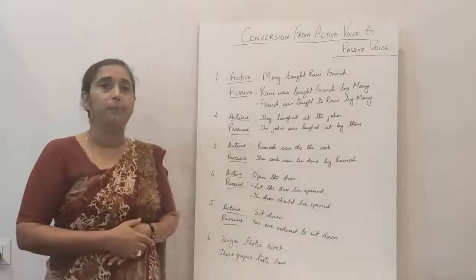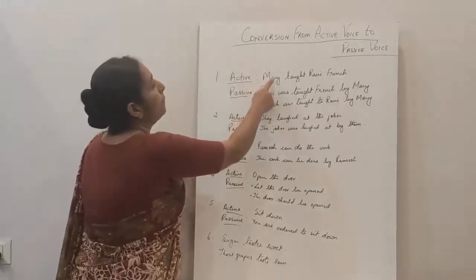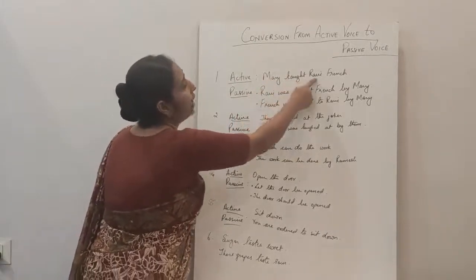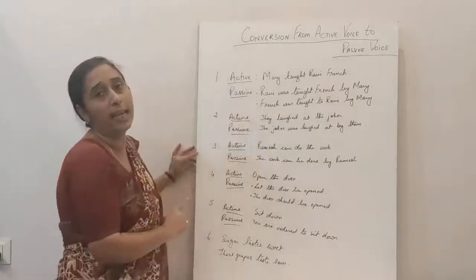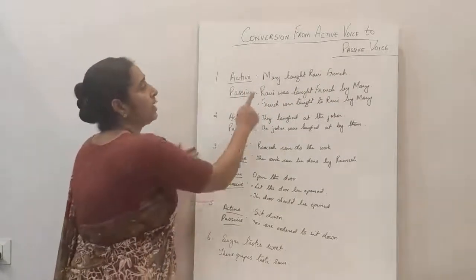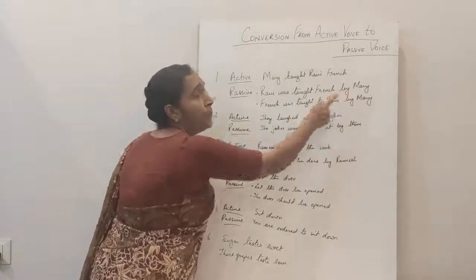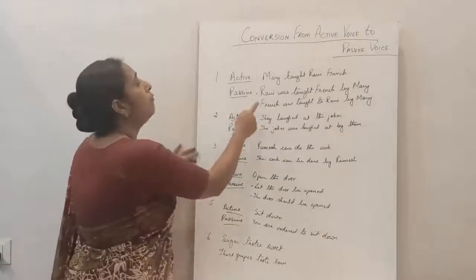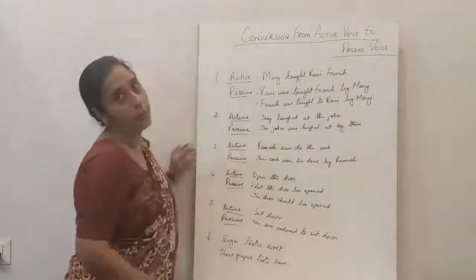For example, in active voice, we say Mary taught Ravi French. The same sentence when we say in passive voice, we say Ravi was taught French by Mary. Or we can say French was taught to Ravi by Mary.